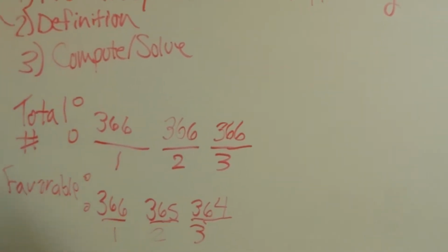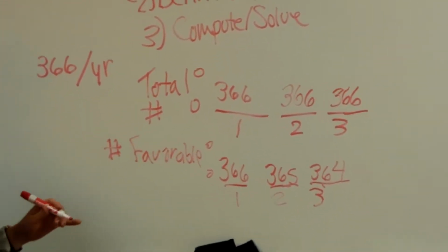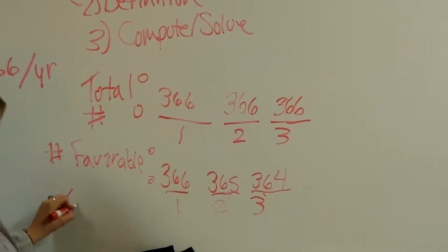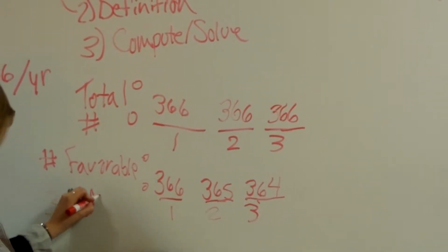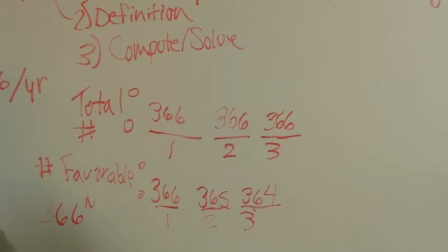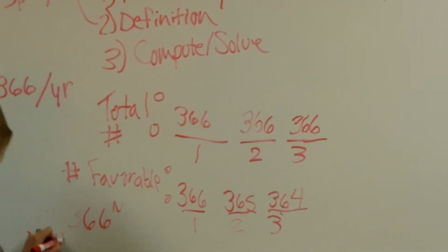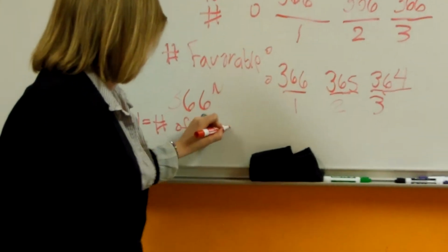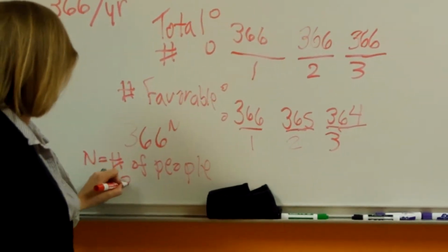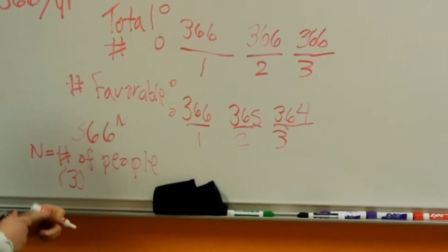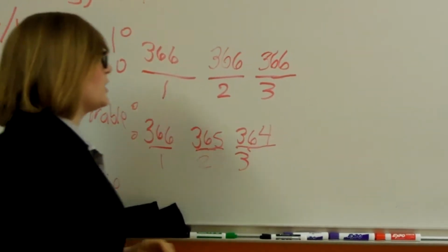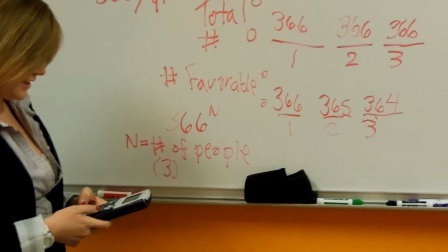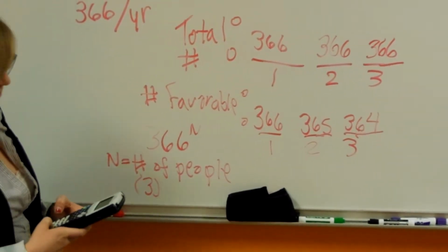All right, and to make this somewhat easier for when we put this in, let's do a shortcut. We'll do 366 to the power of n, where n equals the number of people that we have in this situation. So myself, Mallory, and Danielle are 3 people. We can put that into our trusty calculator here. 366 to the n, or 3.